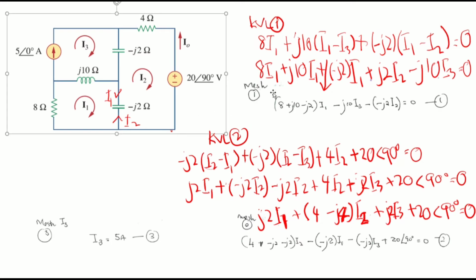So for this we have 3 equations: mesh 1, mesh 2 and mesh 3. From this we can use Cramer's rule, or you can use a website calculator to get the value of I2, because the question asks you to find I0.